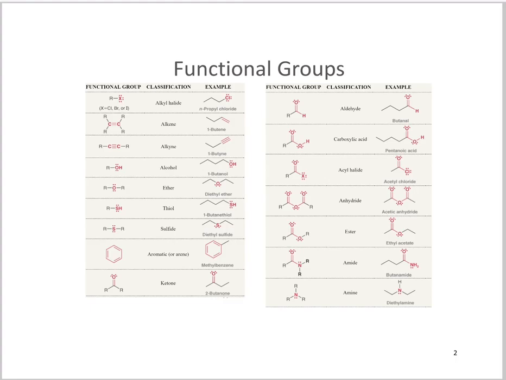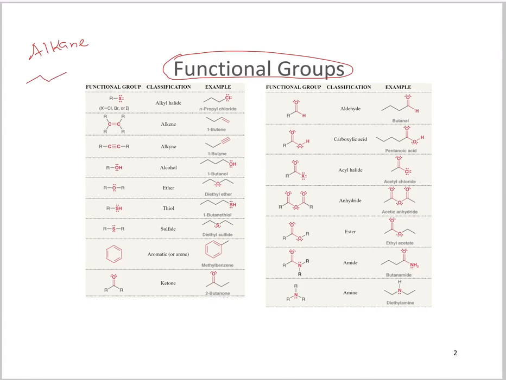Next, let us look at what are called functional groups. That is a group of atoms that have similar characteristics in terms of reactions and chemical structure. The first group, we're going to call alkanes.